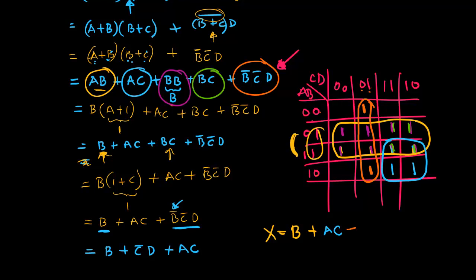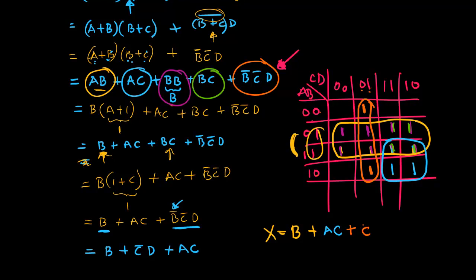And you notice that I'm grouping things that I've already grouped with other things. That's totally fine, right? I can circle something more than once in order to make the largest grouping possible. So A and B change throughout this column, but what stays the same is C being 0 and D being 1.